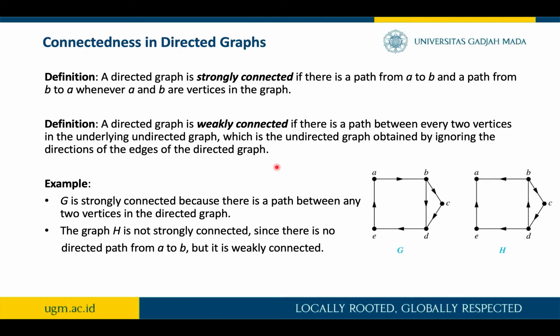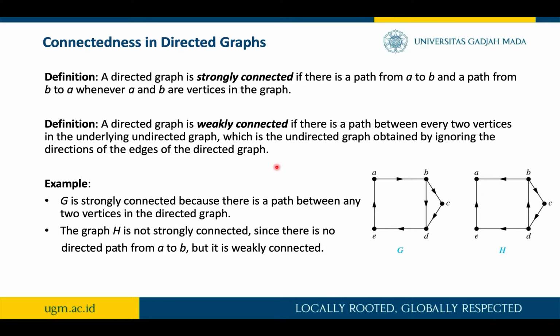The second one: a directed graph is weakly connected if there is a path between every two vertices in the underlying undirected graph, which is the undirected graph obtained by ignoring the direction of the edges of the directed graph.